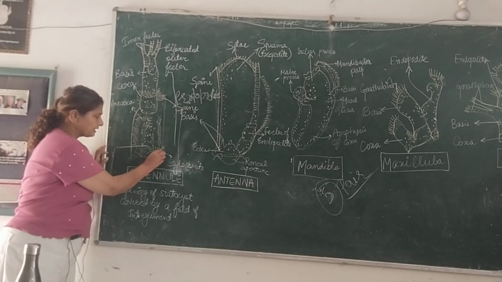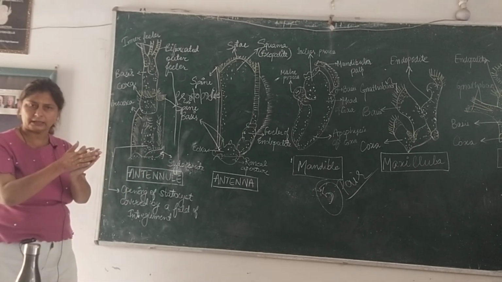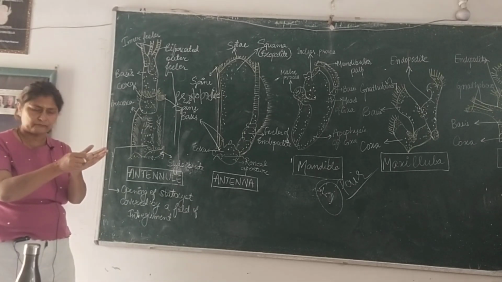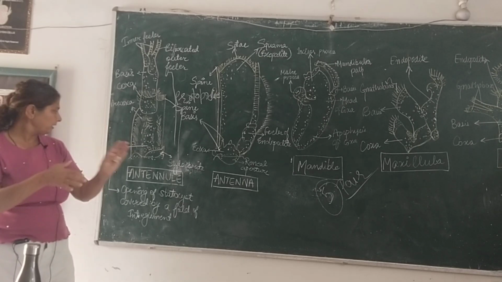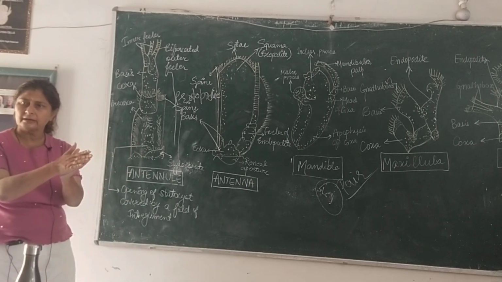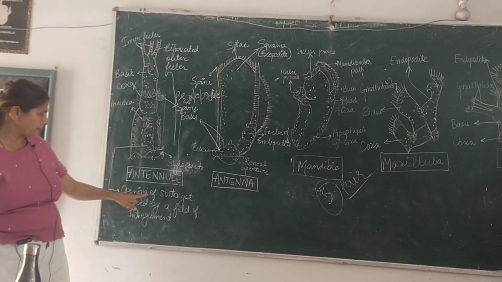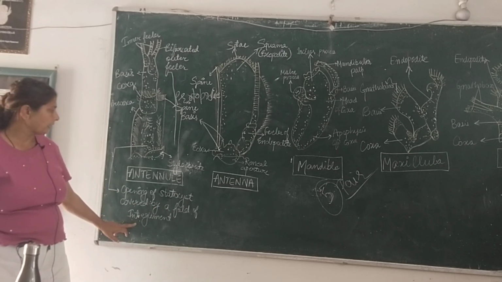Here the statocyst is present, and it is covered by a fold of the precoxa, that is the opening of the statocyst covered by a fold of integument.